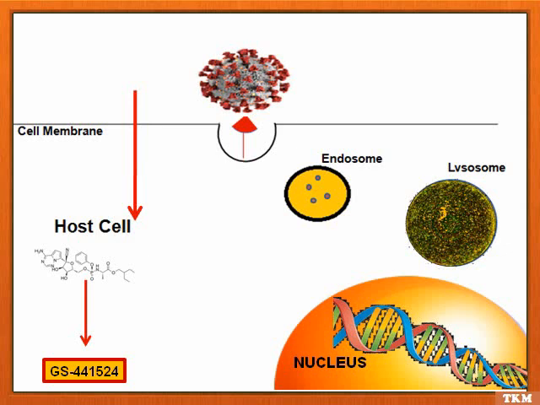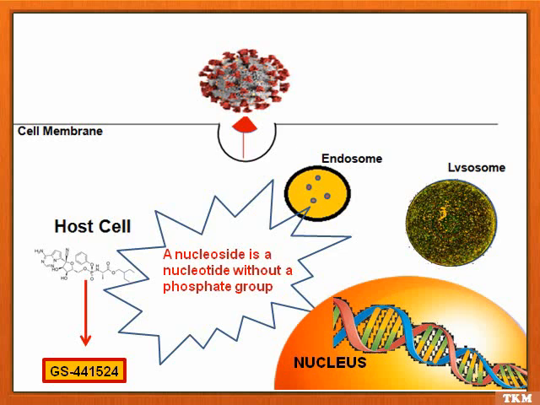It's a nucleoside. It acts like, but is not the same as, a nucleotide base on RNA. A nucleoside is a nucleotide without a phosphate group. So though it mimics the A nucleotide base of RNA, it is not in actual.